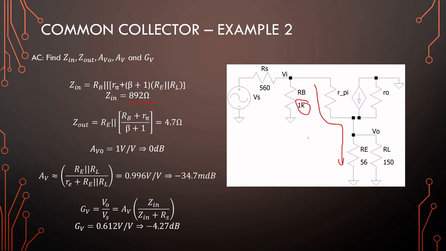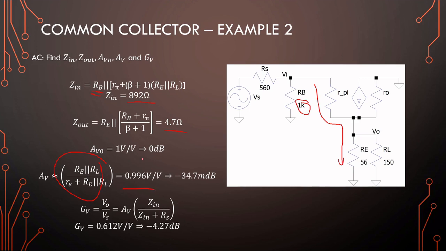Okay, so again, if the input impedance this side is much greater, we can actually determine our input impedance with our base resistance. You'll see that our output impedance dropped significantly for this problem to 4.7 ohms, applying RE over RE plus RE parallel to RL.